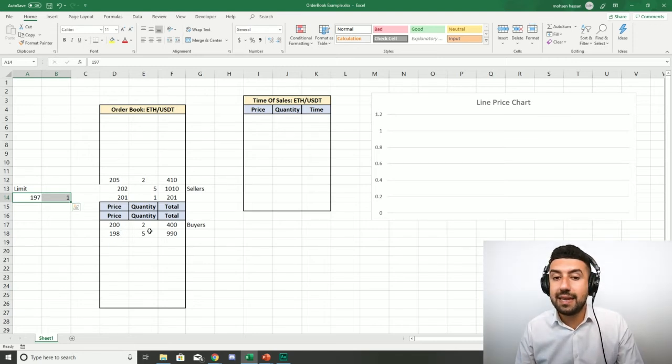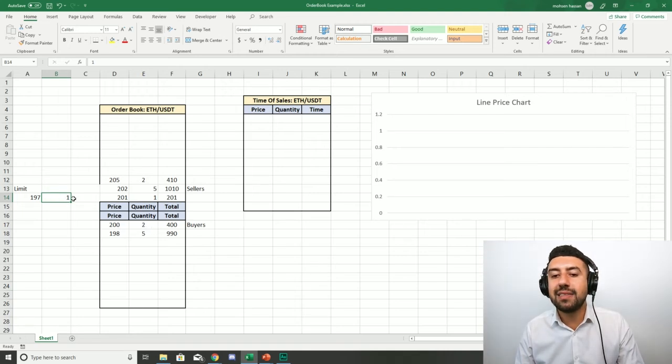And yes, they can. Why? Because he wants to sell at 197. Then he can sell to the buyer who wants to buy at 200. The buyer who wants to buy at 200 wanted to buy 2, but he only wants to sell 1. So he is going to sell one of his Ethereums to this guy who wants to buy 2.